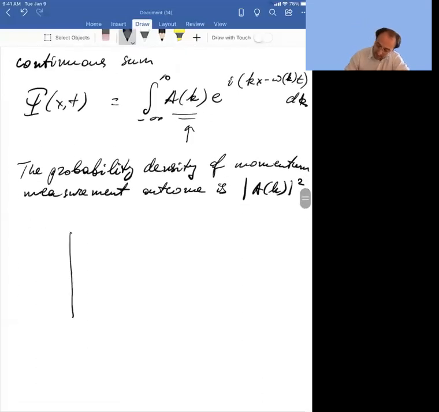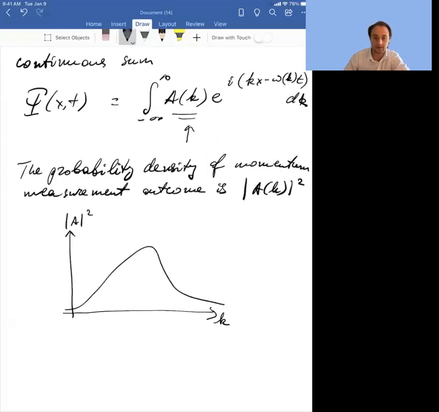Why density? Why do I say probability density and not probability? So let's say it's some kind of a function like that.